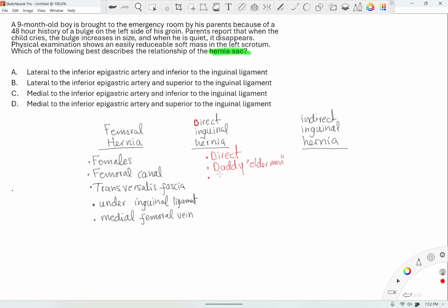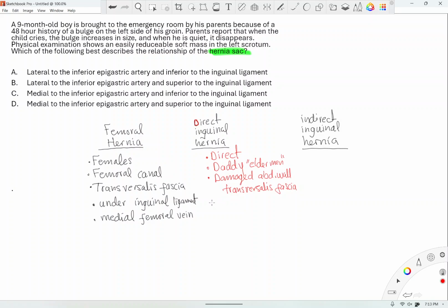It occurs usually due to damage or wear and tear of the abdominal wall, specifically the transversalis fascia. So damage to that area.